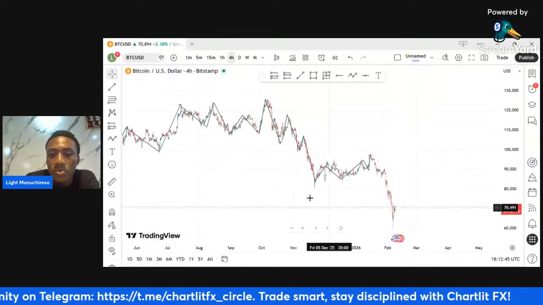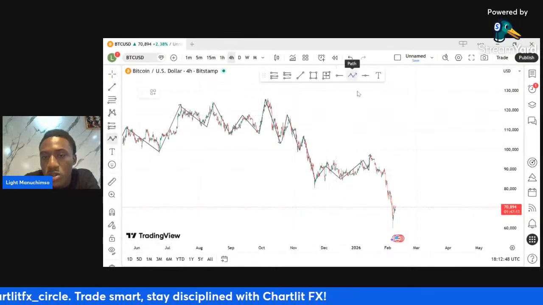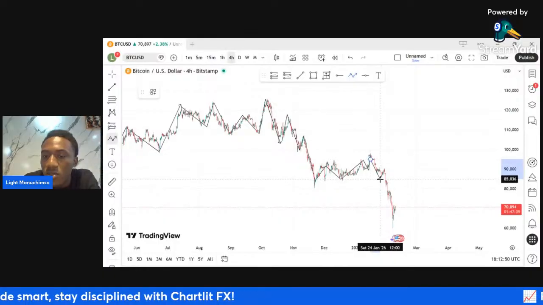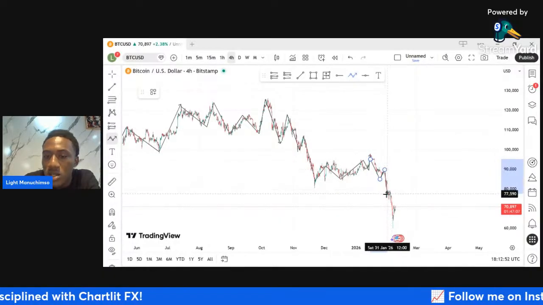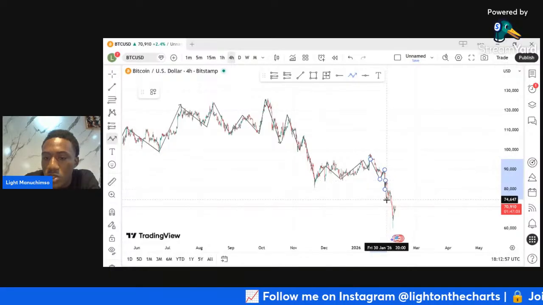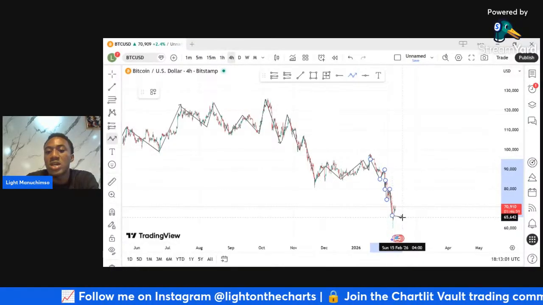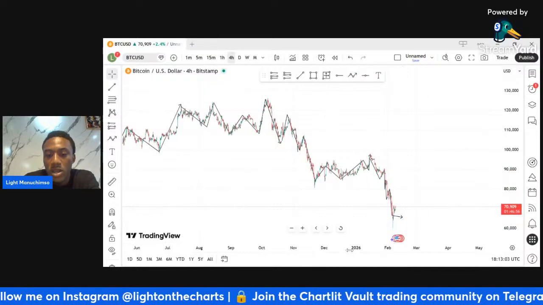Same thing happened here. We go here, hesitated. Now it has busted, changed direction, continued trending downwards, giving us lower highs, lower lows, lower highs, lower lows, lower highs. I don't know if you can see, don't worry, I'll zoom in. Lower highs. So that's basically how the market moves.